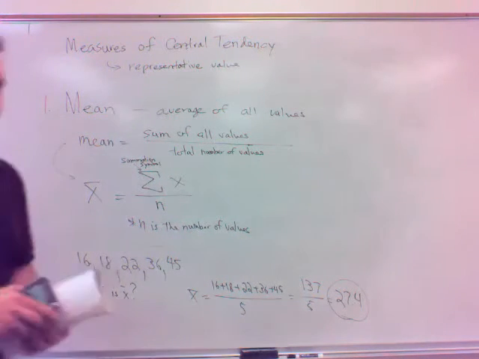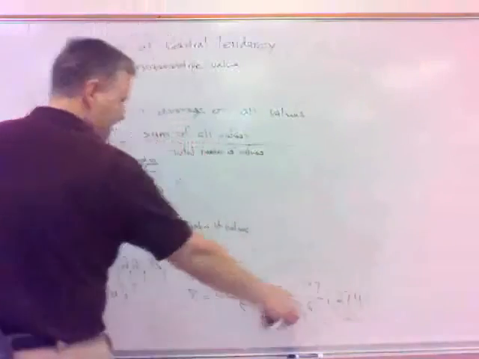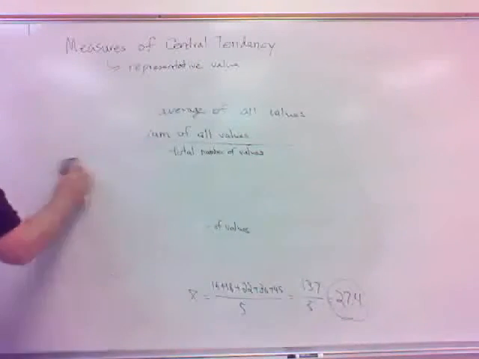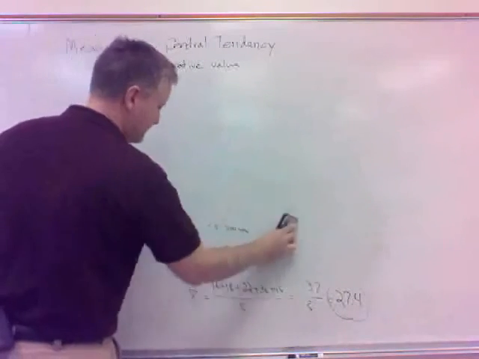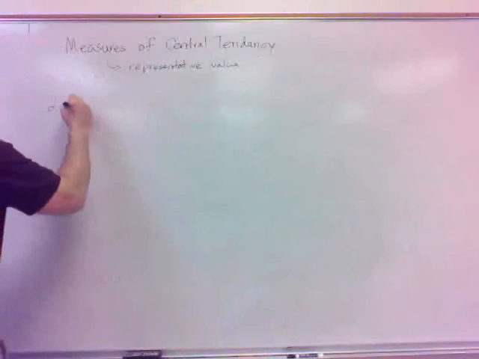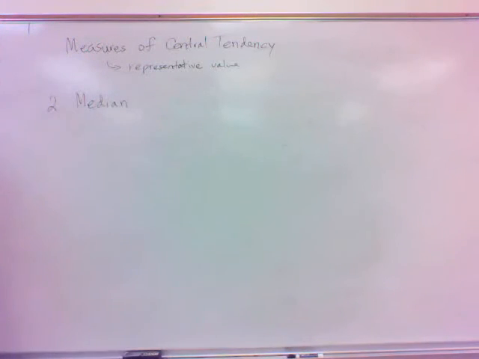But there are three of these measures of central tendency, that kind of give you a central number. Number 2 is a median. And by definition, what's the median? Somebody knows, right?